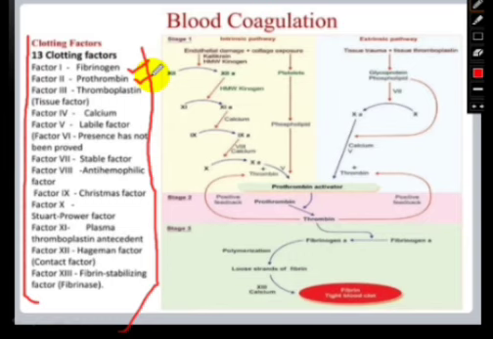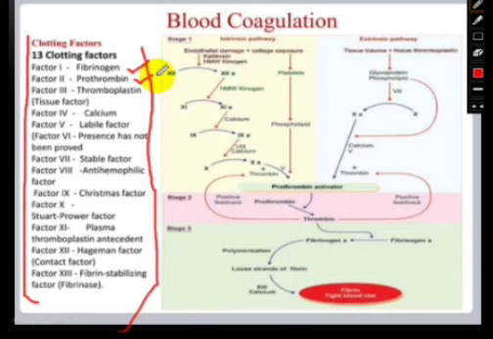If you still can't see the board, just come and borrow my glasses. Factor 1 is what? Okay, factor 2.